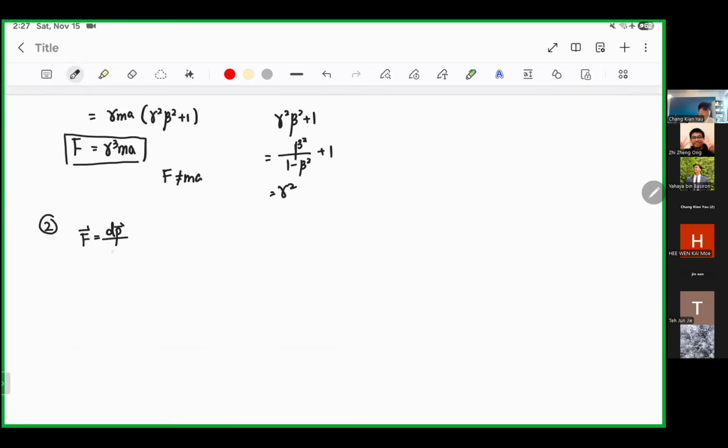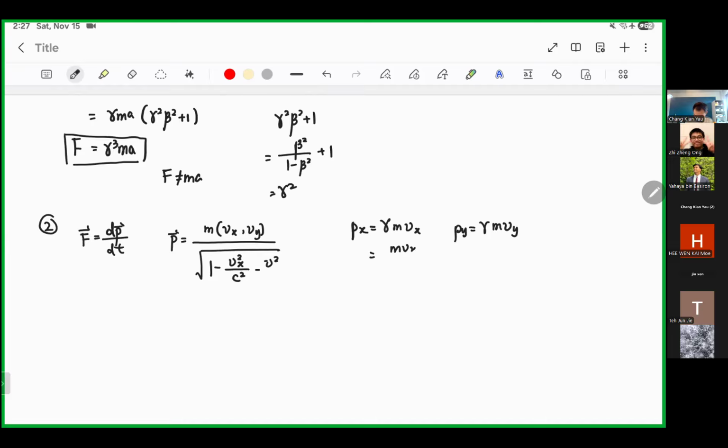Same thing, we define this, and your p would be Vx, Vy, with 1 minus Vx squared divided by c squared. Is this too quick? Okay, I'll do it properly. So Px is gamma m Vx, and Py is gamma m Vy. And your gamma is 1 divided by square root of 1 minus V squared divided by c squared.